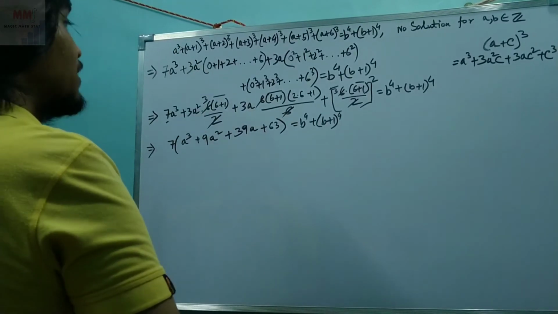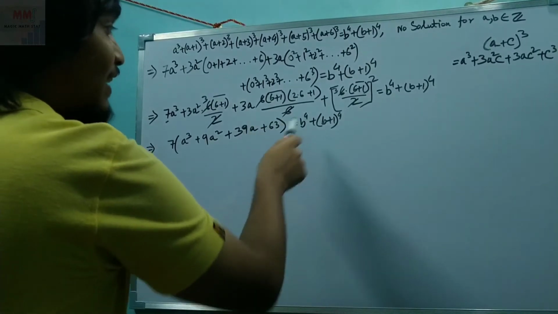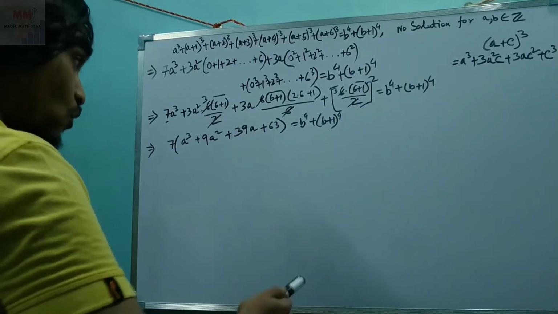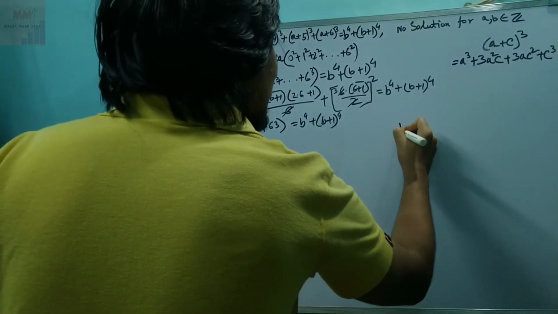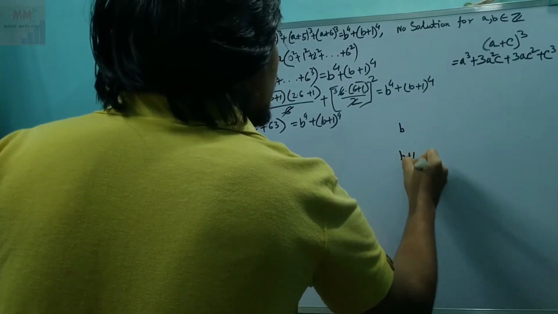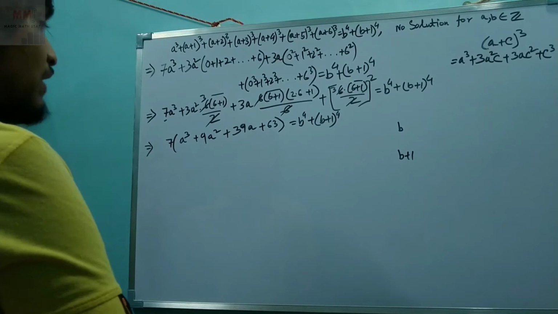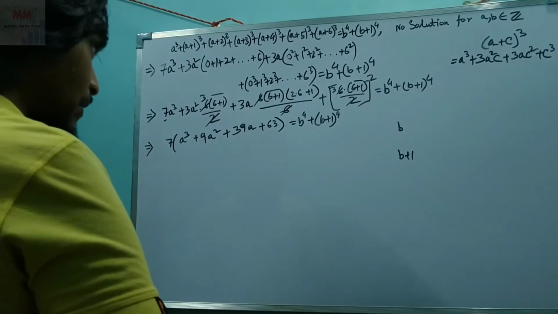But the problem is the right hand side. This side can never be divisible by 7. Why, you may ask? Obviously, b and b plus 1 are consecutive terms. So if one is divisible by 7, the other is not going to be divisible by 7.